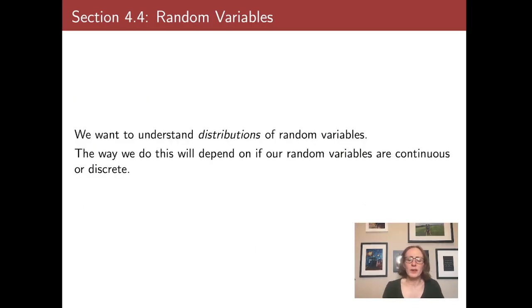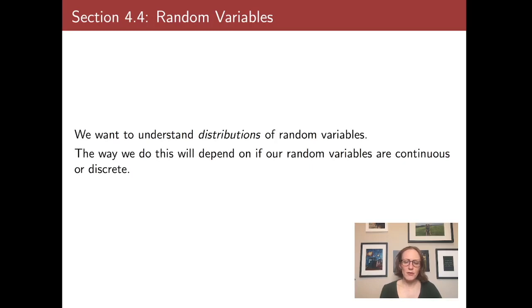And so we want to understand distributions of random variables so that we can answer questions about probabilities. But the way we do that is going to depend on if our random variable is continuous or discrete. And even in those cases, we have some particular distributions that are very common and useful.